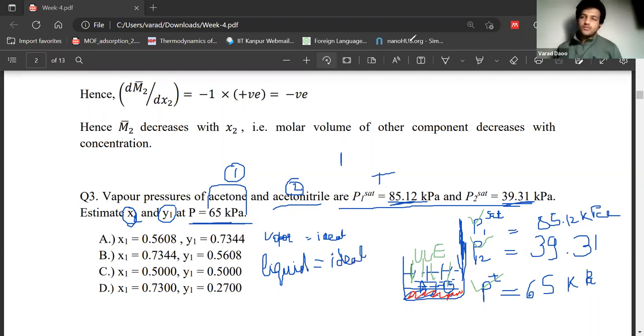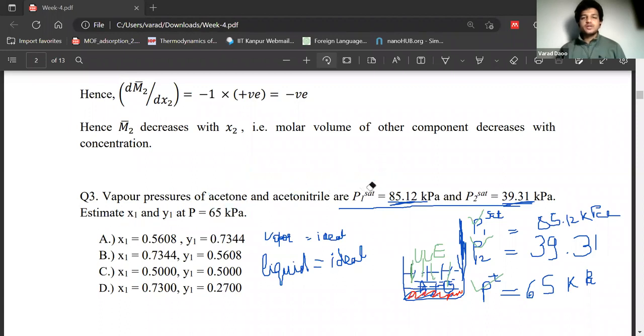So this is a very straightforward question. If you have a basic understanding of what vapor-liquid equilibrium is, you can even derive the expression from the condition for two phases to be in equilibrium. Otherwise, you have a direct expression for this.